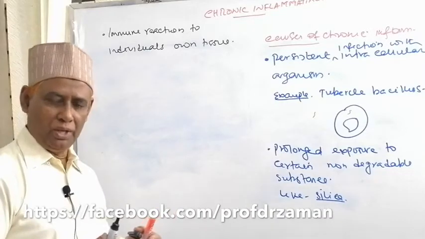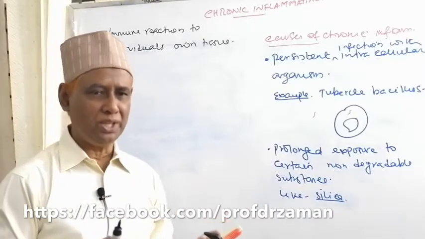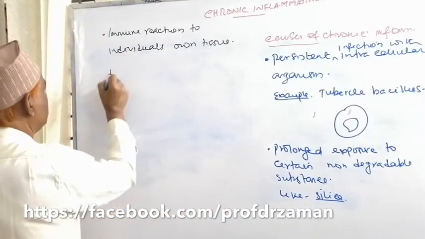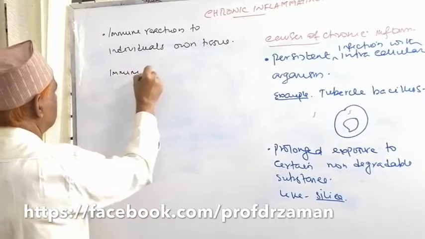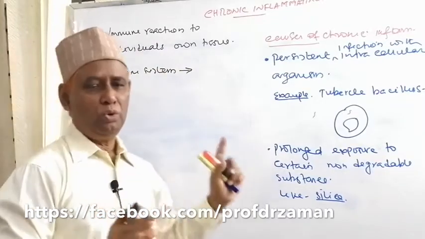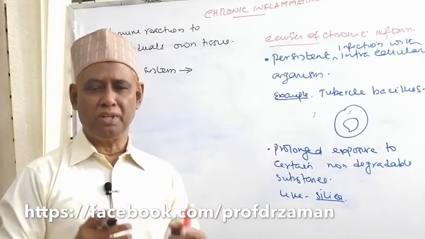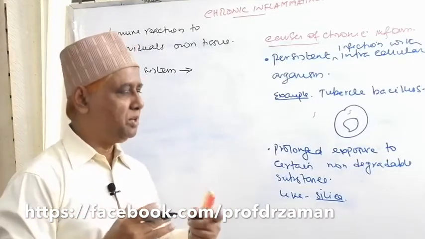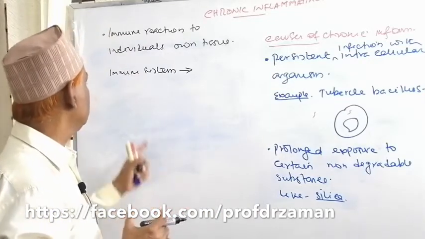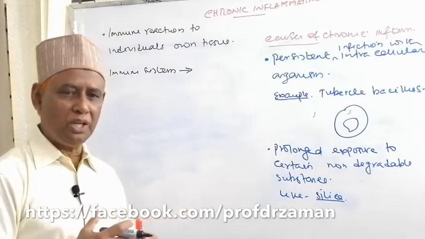The immune system in our body gives us protection against the immunogen, against the pathogen, against the injurious agents. And this immune system knows which one is own. It can recognize each and every particle, each and every protein, each and every tissue component of our body. All the components of tissue or cell are very much known to the immune system. So there is a harmonious environment in our body.